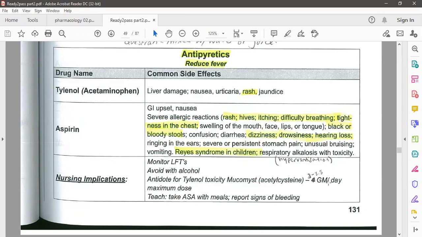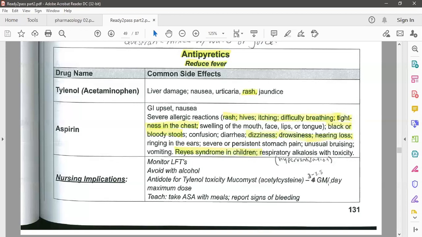The acetaminophen, basically, we use for mild to moderate pain or fever or arthritis or gout or rheumatoid pain. They decrease the inflammation as well. But when you give the acetaminophen, some notes are important to keep in mind.